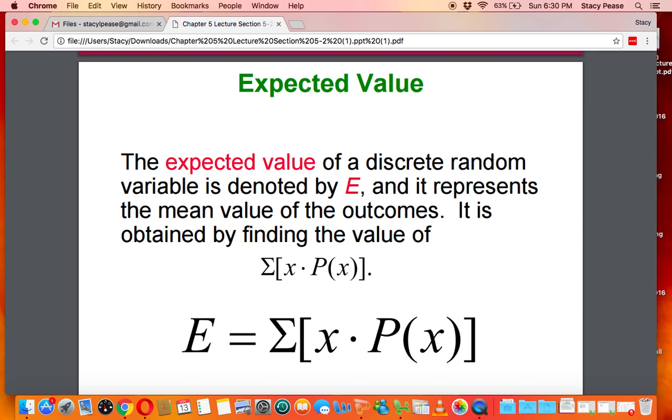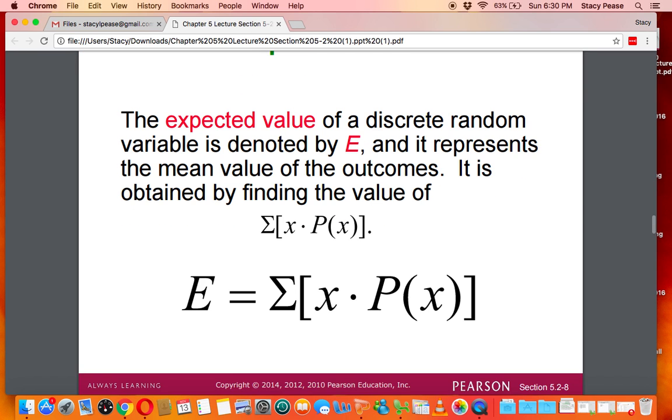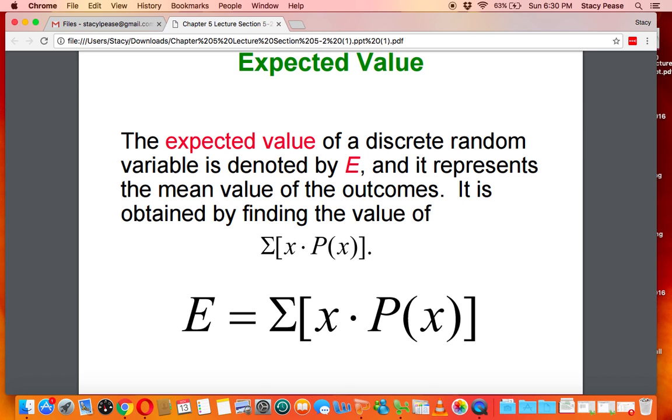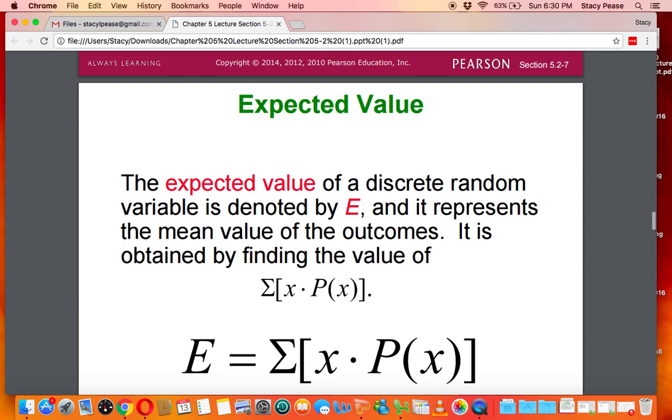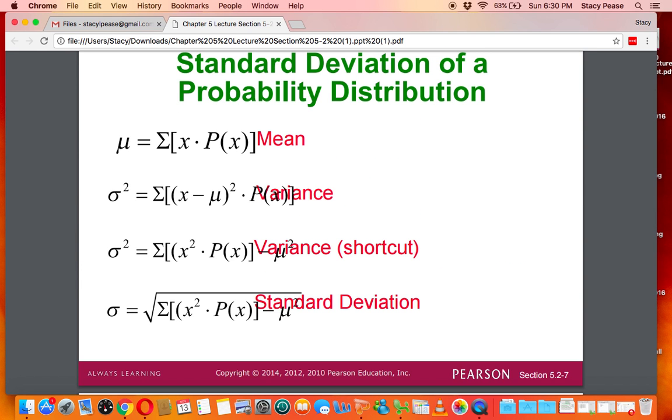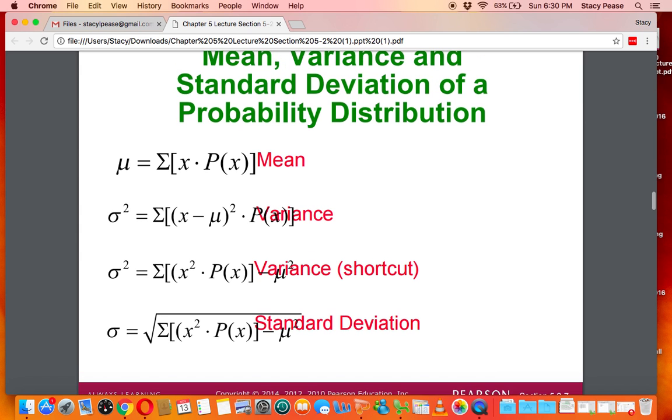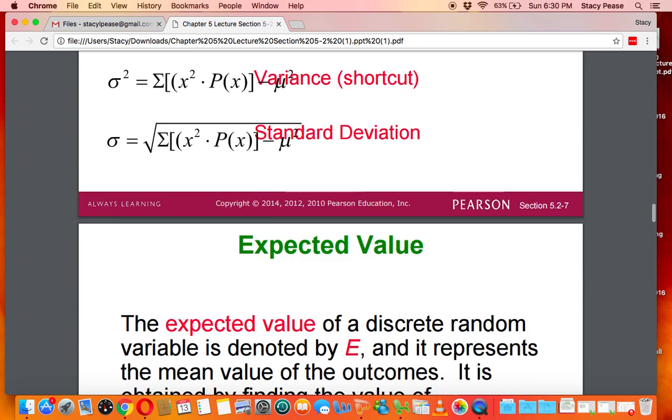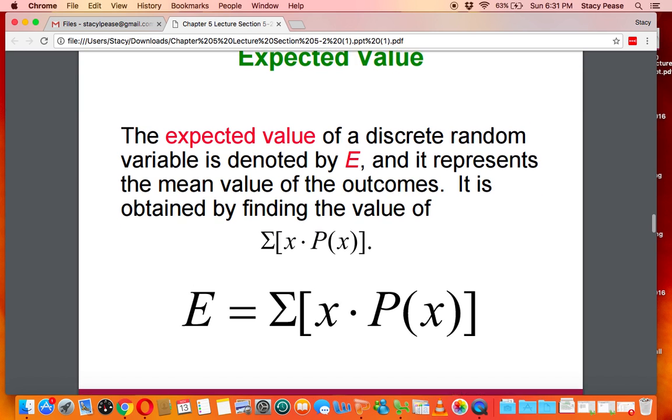Expected value, I don't want to spend a lot of time on that, but basically it's a way of looking at the expected value of a discrete variable, and there's a short equation for how to go through and calculate that. It's essentially, if you look back at the previous set of equations, it's really the same as the equation that you'd use for your mean.